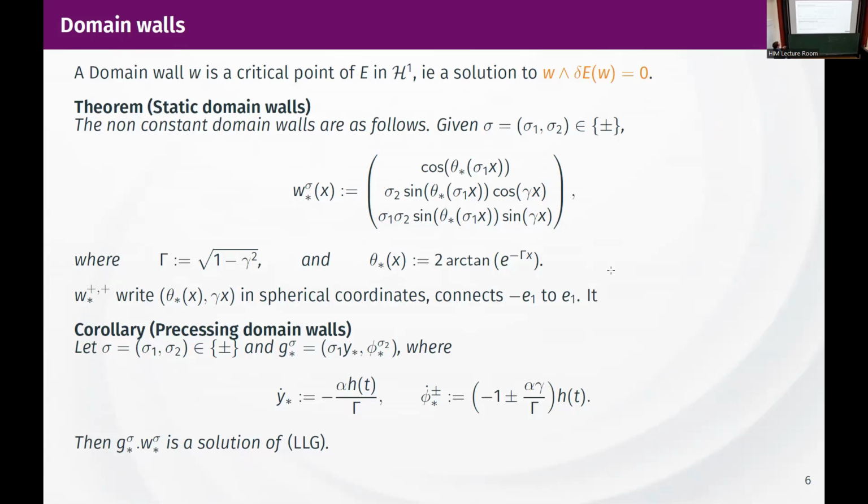So how do we prove that there are no other domain walls than this one? This formula was found by physicists, I guess, in the early 2010s. And how do you prove that you don't have any other? The idea is first to remove the phase.